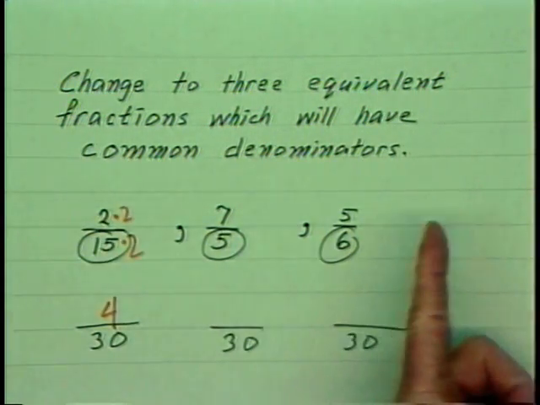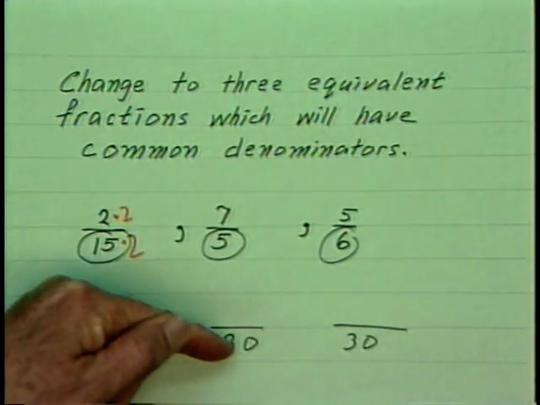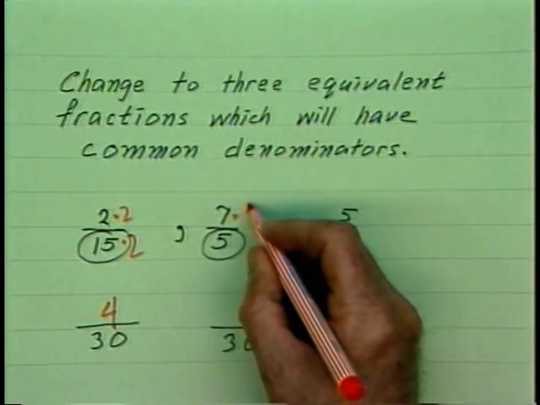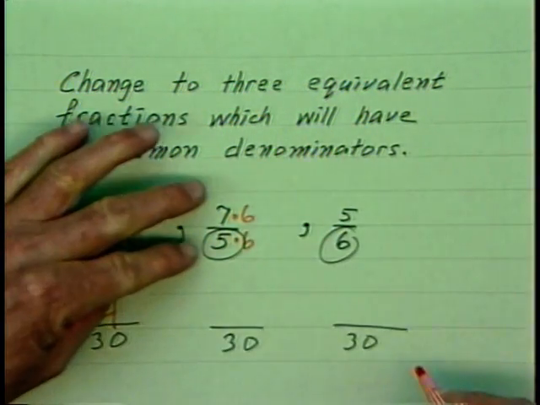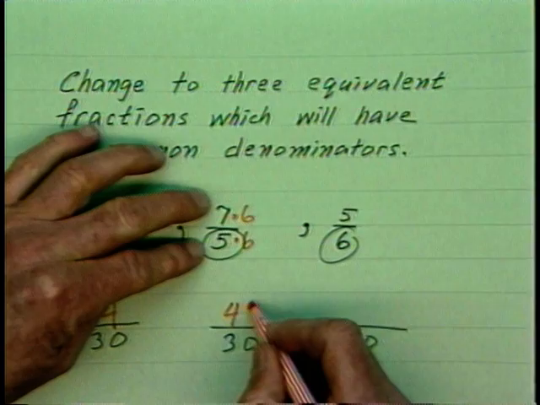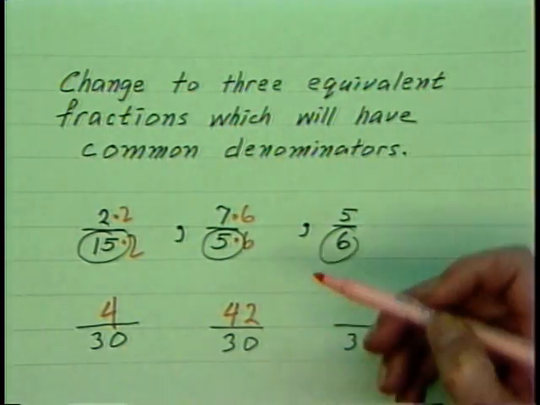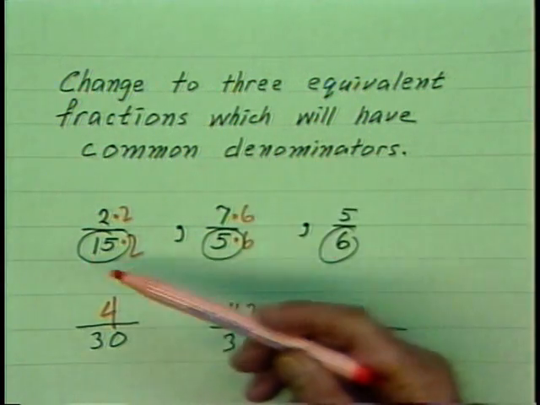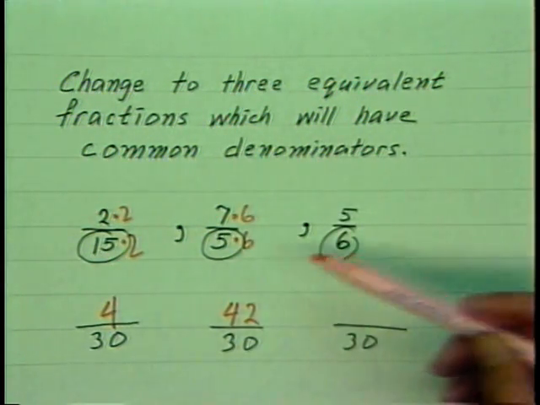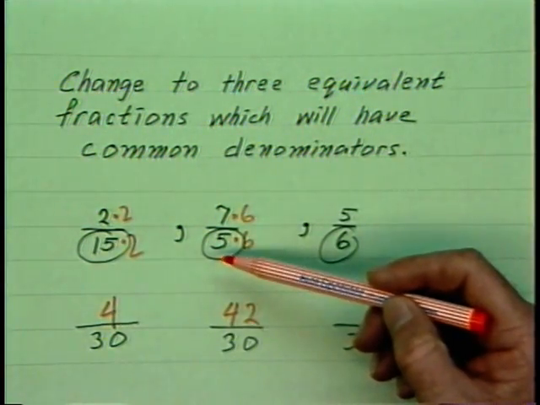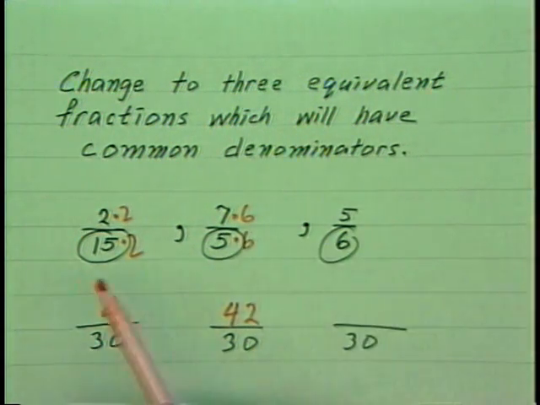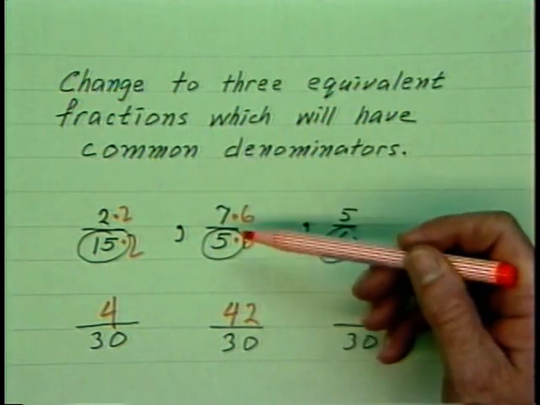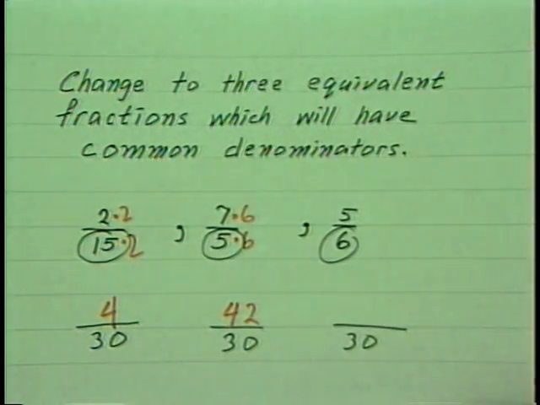And so on down the line. 5 goes into 30 6 times, so we build this fraction by 6 and get 42 30ths. Now note that this fraction is an improper fraction and these two were proper. Proper, improper has nothing to do with this process. It's simply getting common denominators through the act of fraction building.